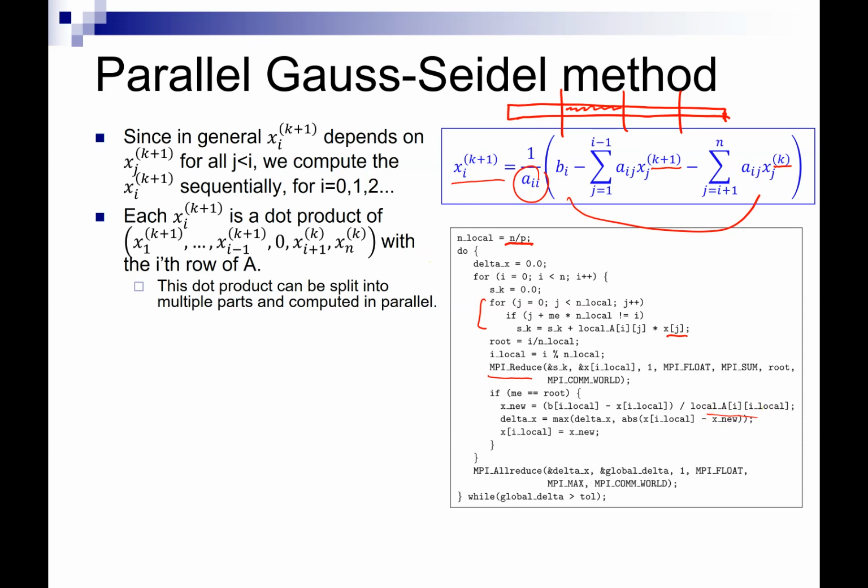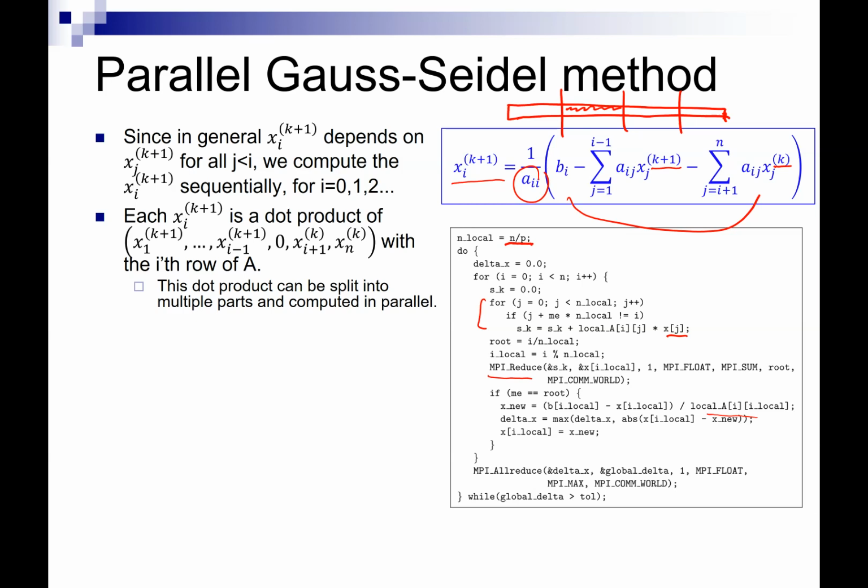And then we also need to know when we should converge. So we're going to compute this delta value over here, which is basically how much x has changed. This delta x is how much x has changed, and then we're going to look at in total how much x has changed. So we do this all reduce here, so every process will get to see how much x has changed.